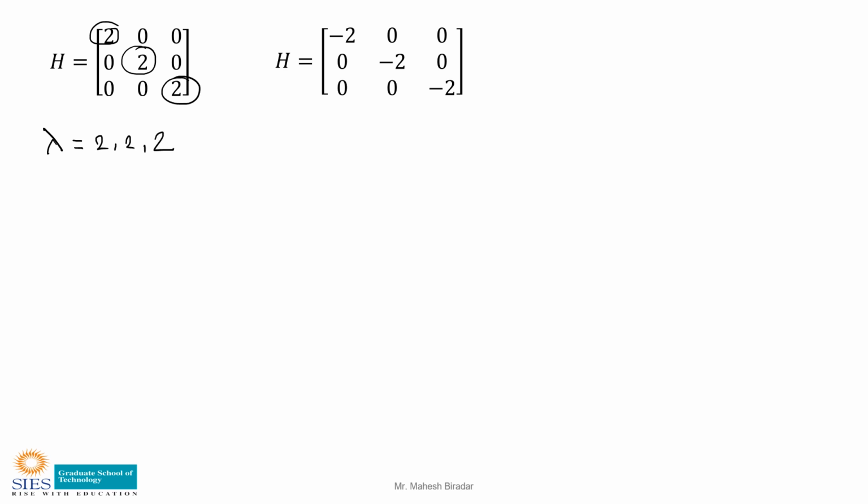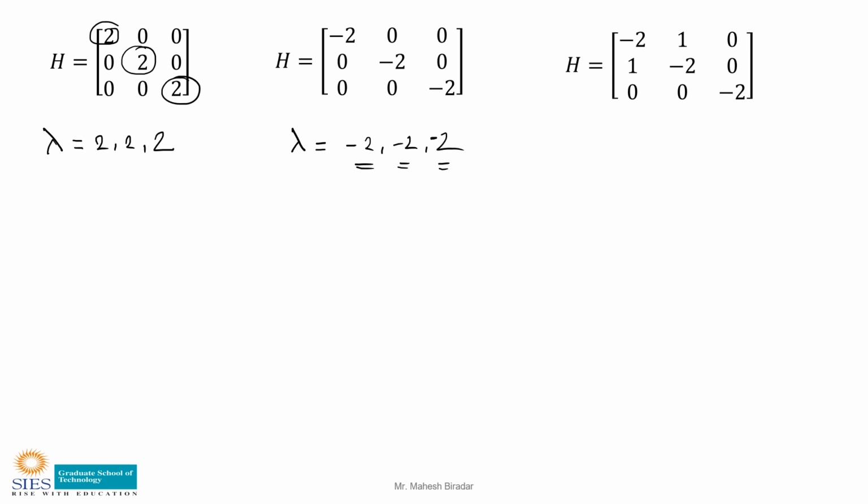So 2, 2, 2. Here all the eigenvalues are positive. Now, in case of the second matrix, the diagonal elements are -2, -2 and -2, so these represent the eigenvalues. So here all the eigenvalues are negative.